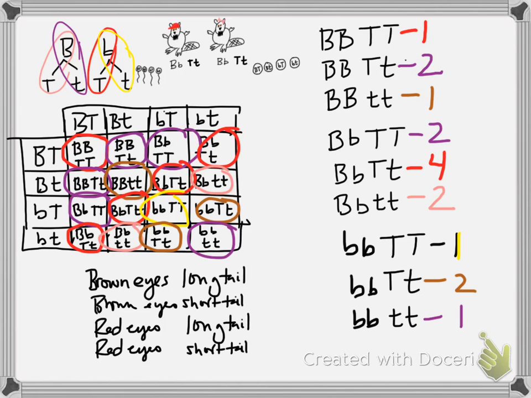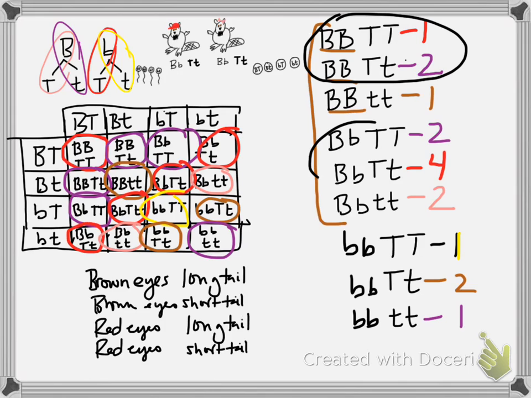And when you're tallying these up, what I very often do is go through with a highlighter. So let me see, everybody who's got brown eyes, okay, all of these have brown eyes. Now, which ones have a long tail? These have long tails, and these have long tails.